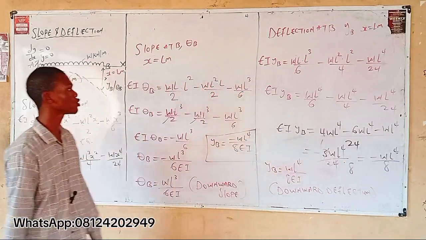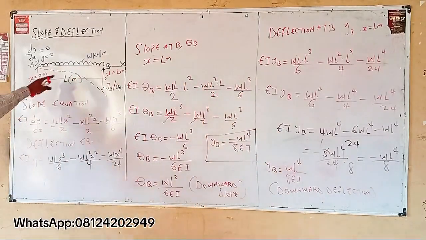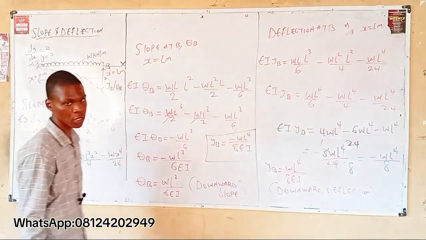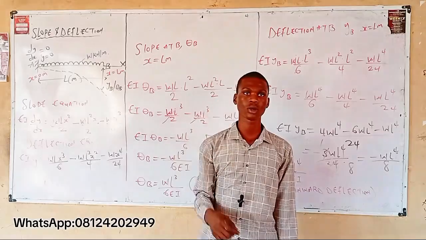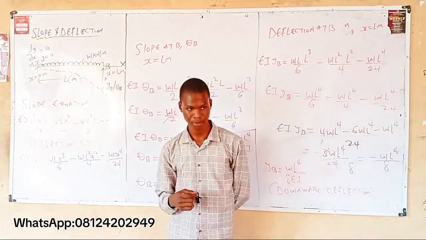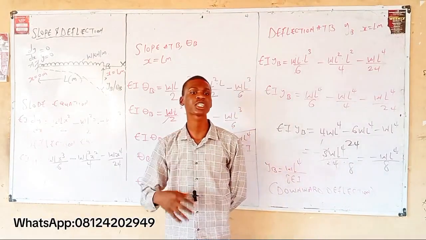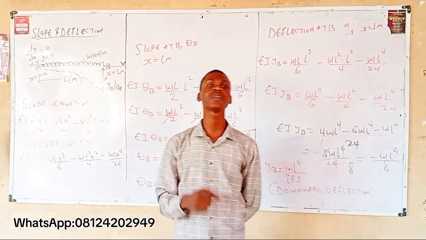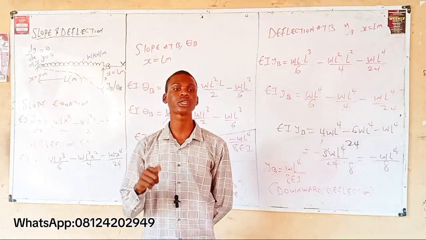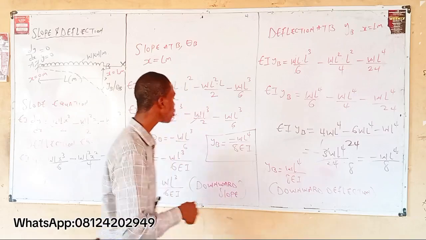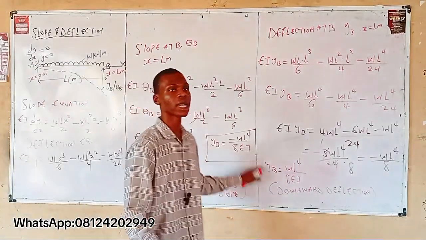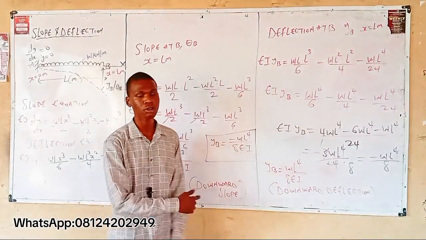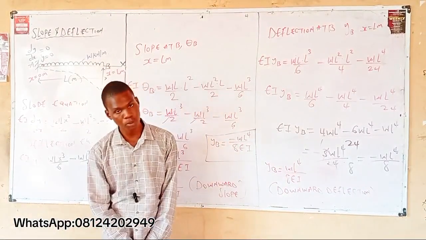This is how you find deflection and slope for a cantilever beam loaded with a UDL. Meaning from here, if the questioner went further by saying that given the value of W to be 3 kilonewton, the length to be 10 meter, the value of EI to be 200, what are you going to do from here? Substitute.